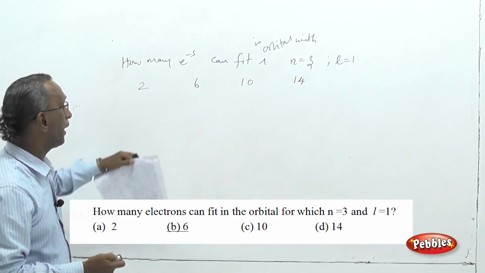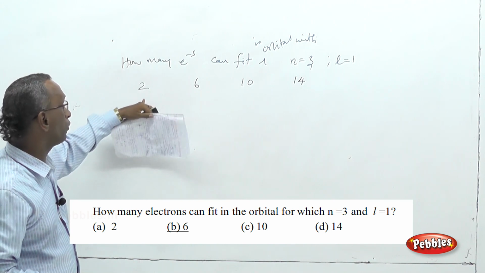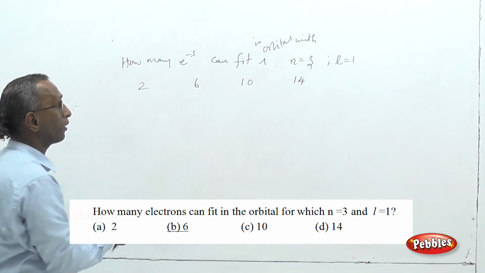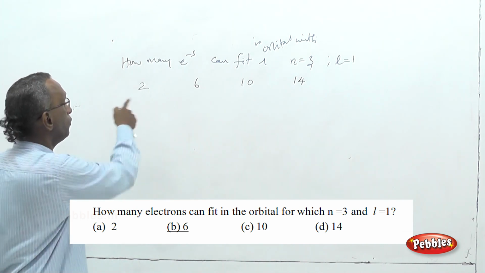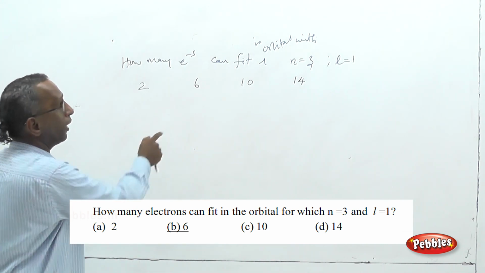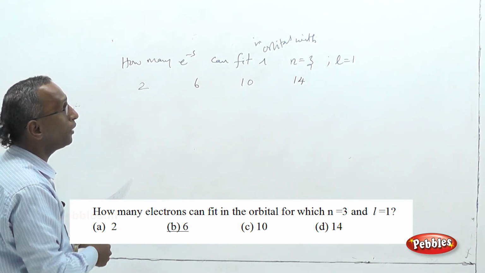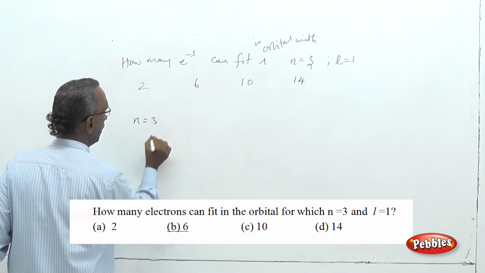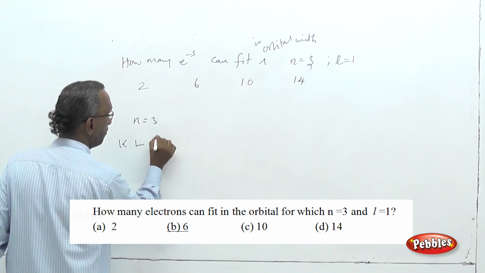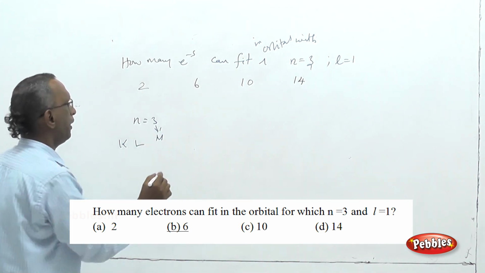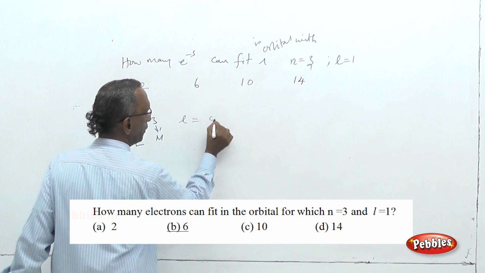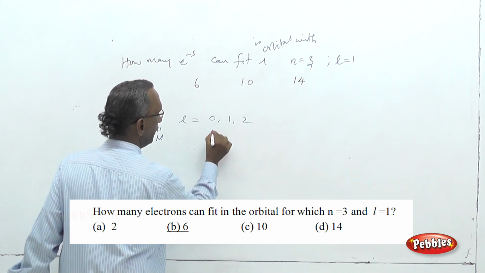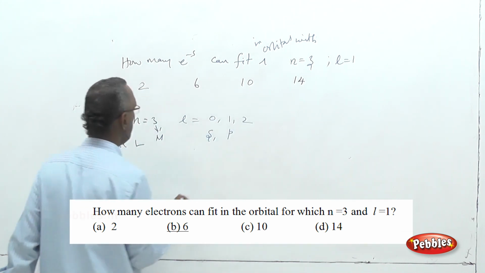In any orbital, we will immediately be tempted to write 2 electrons, as in the previous question. But there are orbitals with degeneracy. First, n equal to 3 means K, L, M shell, the M shell. And l equal to 1: l can be 0, 1, 2, where 0 is the s orbital and 1 is the p orbital.